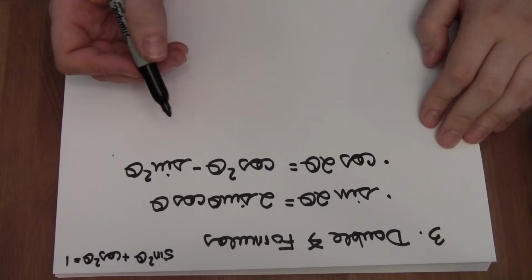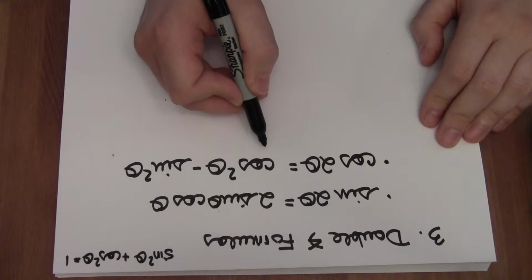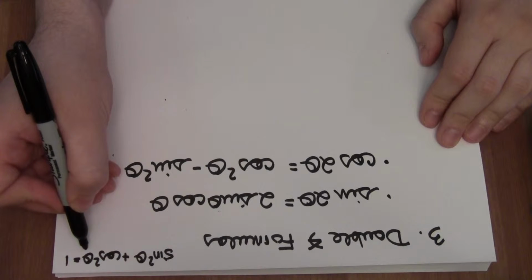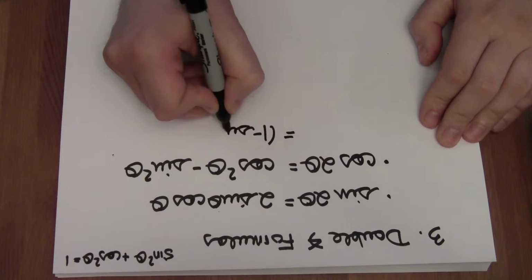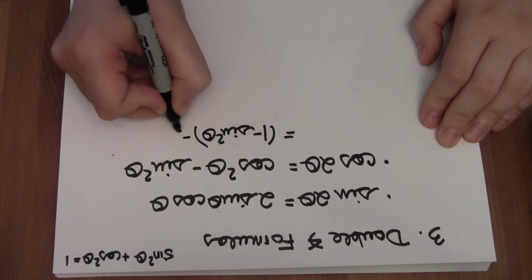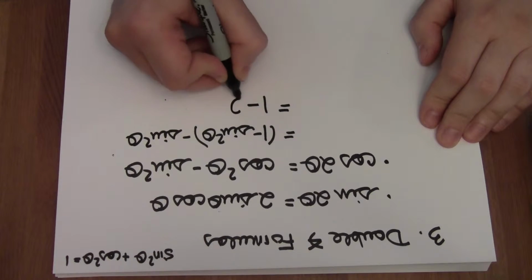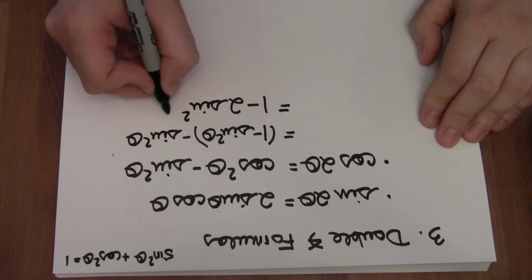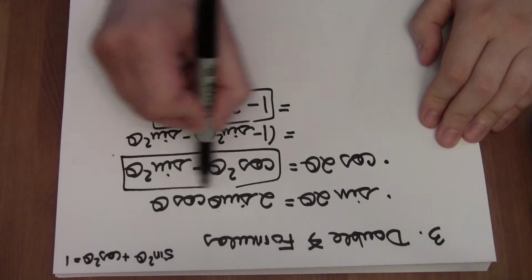Another way we can write this, just in terms of sines, is realizing that from our Pythagorean identity, the cosine squared of theta just equals 1 minus the sine squared of theta. This will equal 1 minus sine squared theta minus sine squared theta. Drop the parentheses and combine like terms, giving me a second version as 1 minus 2 sine squared theta.